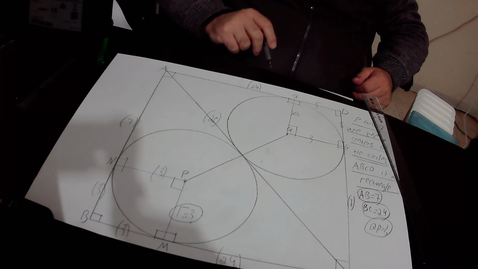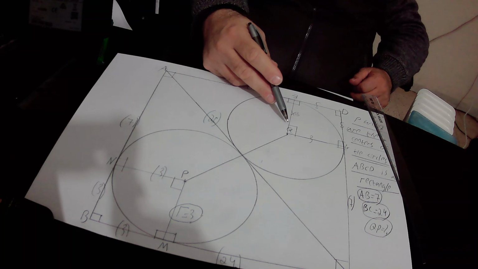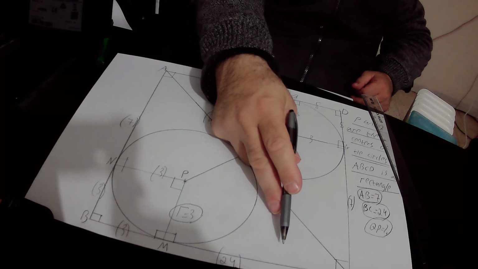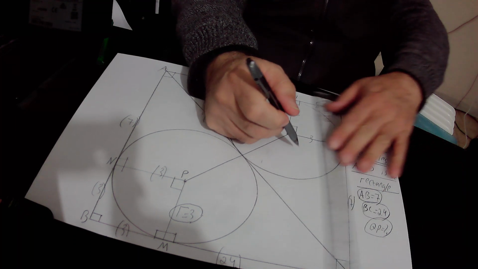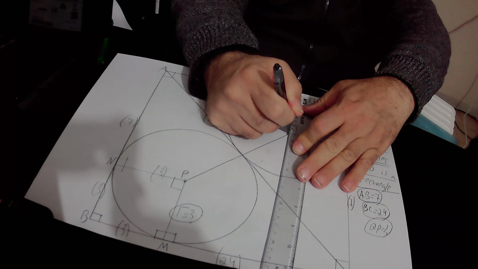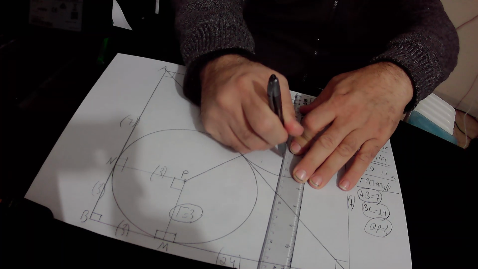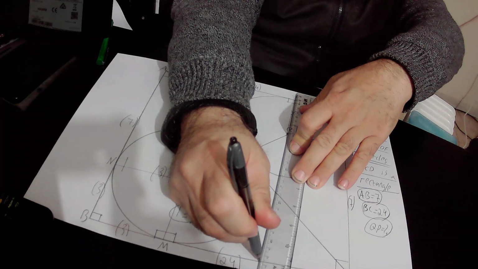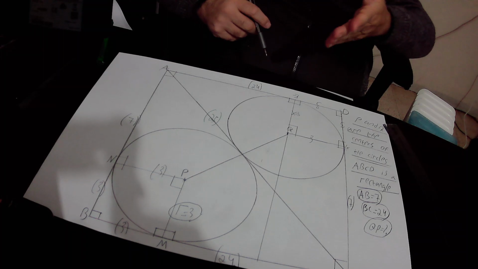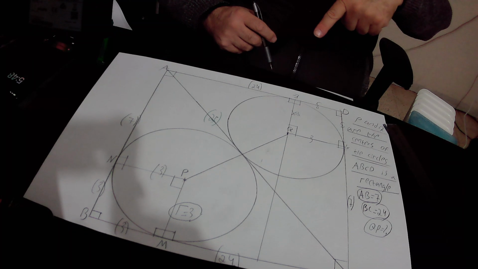In the next step, we will extend the radius EQ by a straight line until it touches side BC of rectangle ABCD. EQ as a radius is absolutely a straight line. When you extend a straight line by a straight line, the result is a straight line.